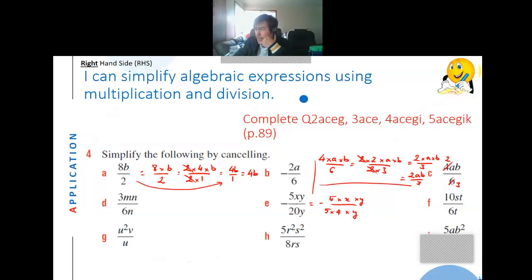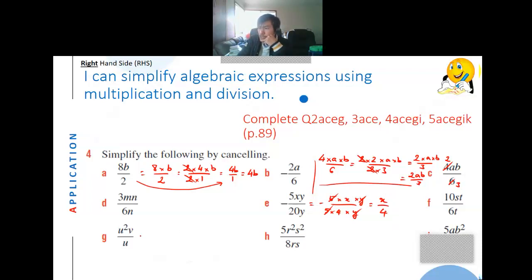So now I'm going to cancel, right? Cancel the 5 and the 5 here. Also, I see that I have a y at the top and a y at the bottom. I'm going to cancel them as well. So what do I have left? At the top, I have x. At the bottom, I have 4. And that's going to be my answer. Okay.